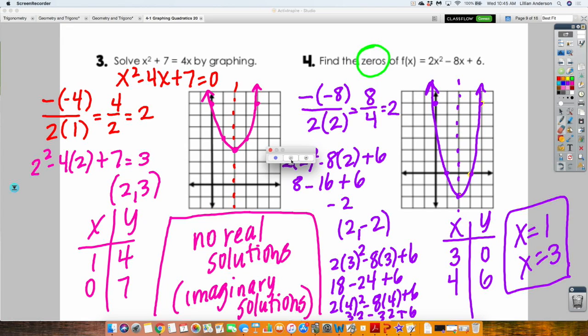I'm going to choose 1 and 0. When I plug in 1, that's going to give me 4. When I plug in 0, that's going to give me 7. Then I just copy those points over. And when I mean copy those points over, I'm using the axis of symmetry to get the other side of the parabola.